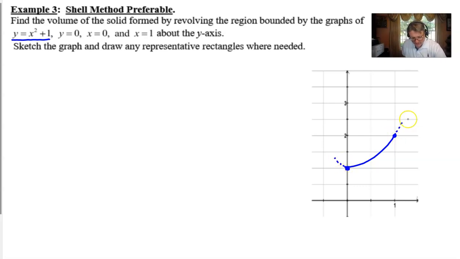Yes, there are other portions of this graph that do exist out in the world, but we're not going to need them because when we graph y equals 0, also known as the x-axis, and then in, say, green, I'll graph x equals 0, also known as the y-axis, and then let's say purple, x equals 1.